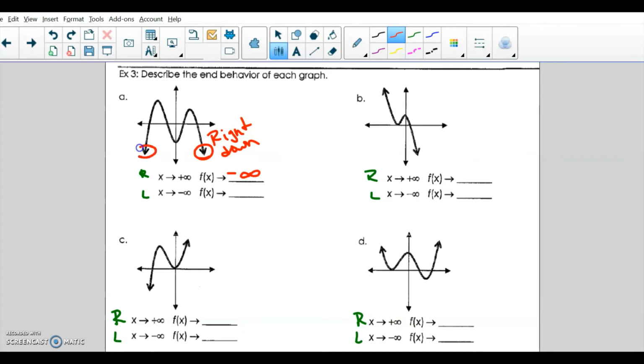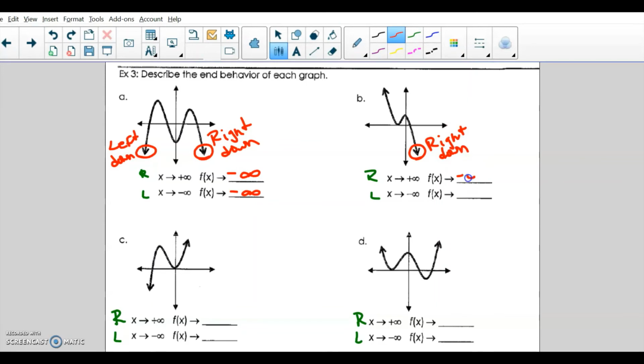Okay, over here, this is our left side. It's also going down, so it's also going to negative infinity. It is possible that both ends go to negative infinity. Okay, example B. Here is our right side. It is going down.